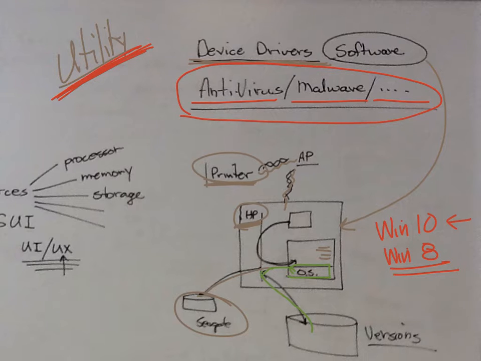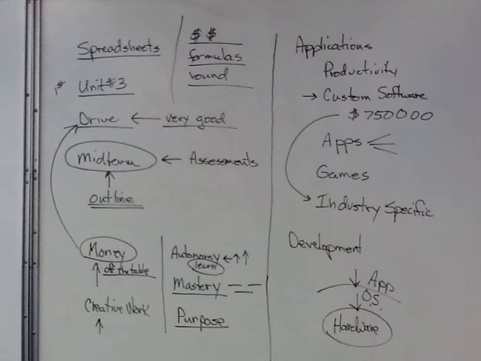But anyway, operating systems are loaded from the hard drive and use up some of memory, and there's instructions. And then you have data and other software, and the operating system manages this process of the things working internally in the computer. One more slide. We already talked about these things.